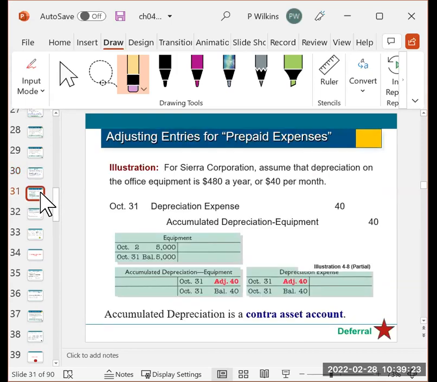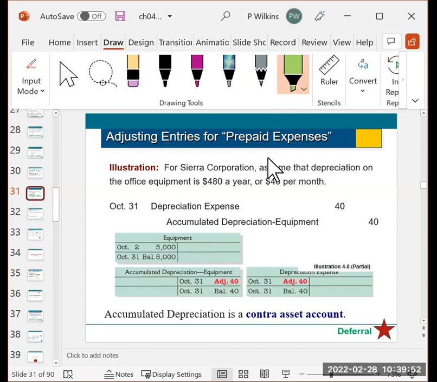But here's an important thing for you to remember about depreciation. Every single time you do an entry for depreciation, it is going to be a debit to depreciation expense and then a credit to accumulated depreciation hyphen, and then whatever the asset is they're talking about. So for instance, this one says, for Sierra Corporation, assume the depreciation on the office equipment is $480 a year or $40 a month.